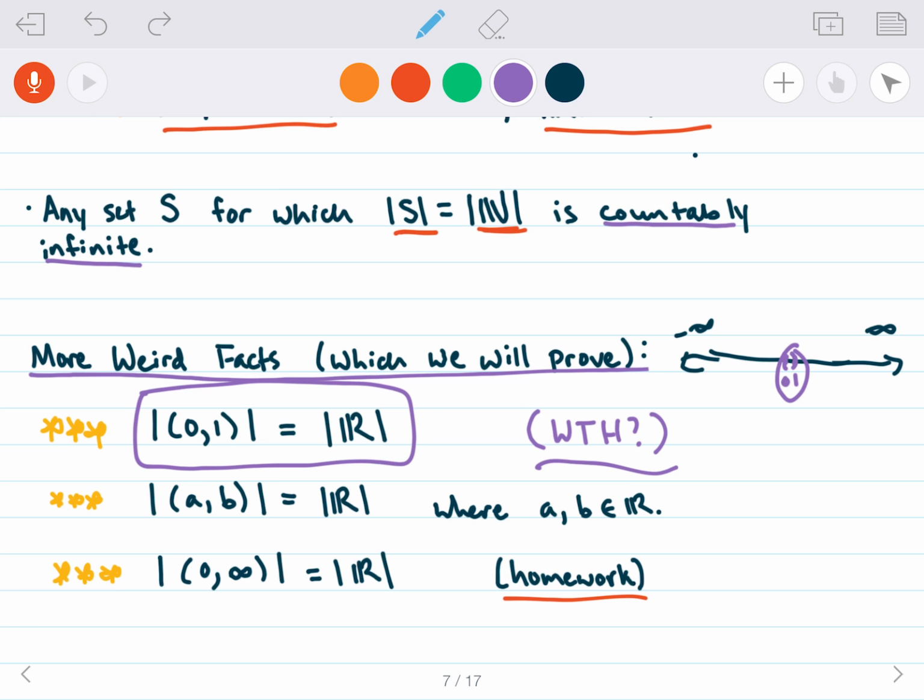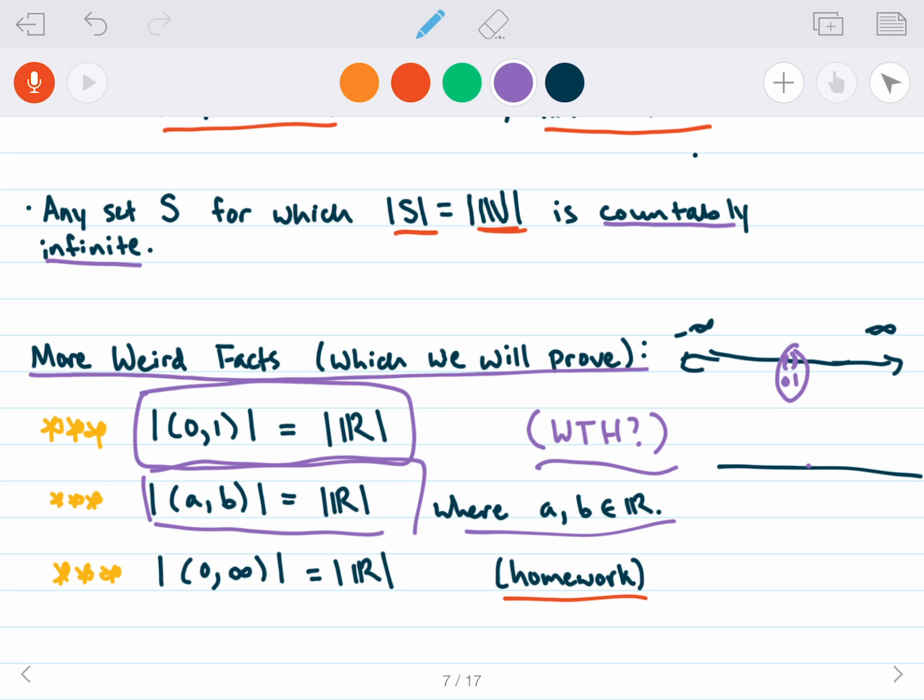We're going to show that we can construct an explicit bijection from (0, 1) to the reals. In fact, the cardinality of any open interval is equal to the cardinality of the reals, no matter how small, okay? That is mind-boggling. You can take something that you wouldn't even be able to imagine how small it is, and it's the same cardinality as the reals.